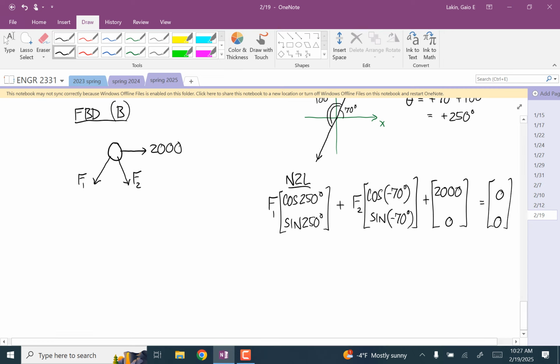So let's see, negative 0.342 F1 plus 0.342 F2 is equal to negative 2,000.